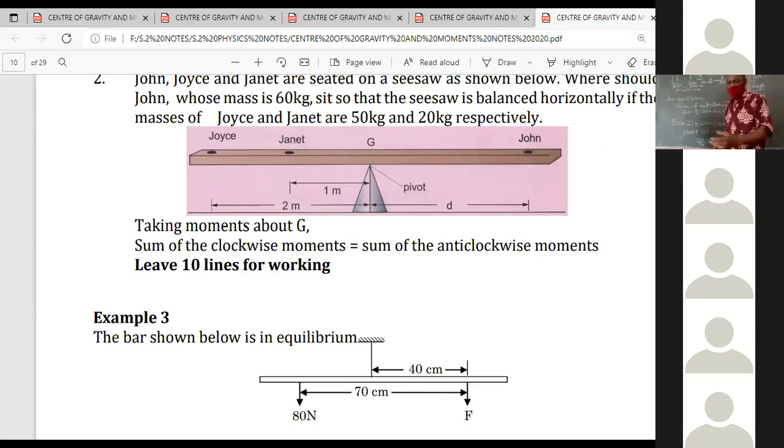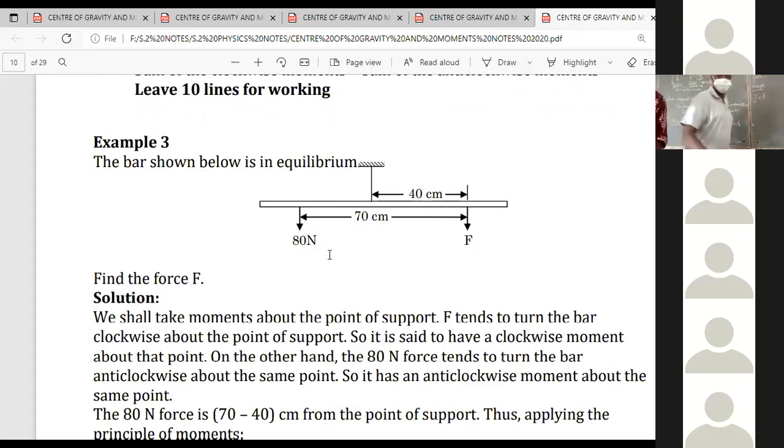Okay. Next example. Example 3. So this answer is going to take you through example 3. What is my solution?